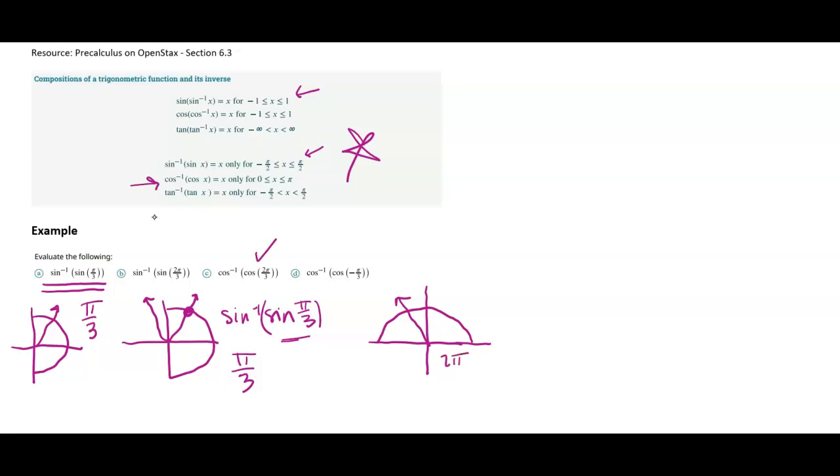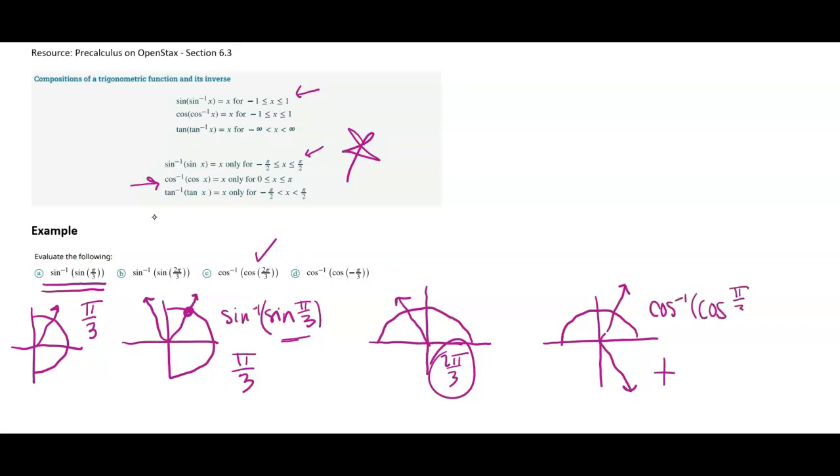This is 2 pi over 3 as my answer on C. However, here on D, I'm down at negative pi over 3, but for inverse cosine, I'm only looking from 0 to pi. Well, cosine is positive down here, so this maps back up to pi over 3. So I'm really looking at the inverse cosine of the cosine of pi over 3. Again, this number would be the same as cosine of negative pi over 3. These cancel, and I get pi over 3.